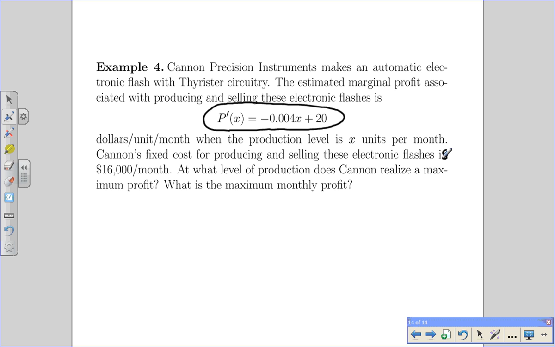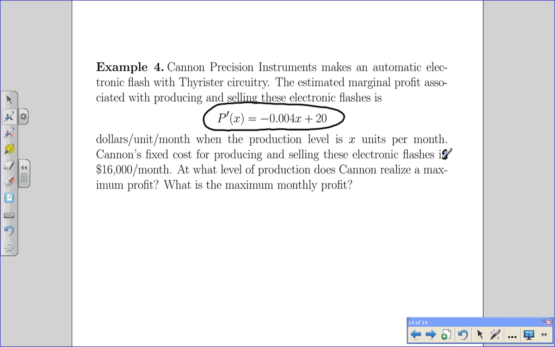So here we have a more complicated situation because we want to know both the maximum profit, but we first have to find out at what number of flashes produced do we get that maximum profit.